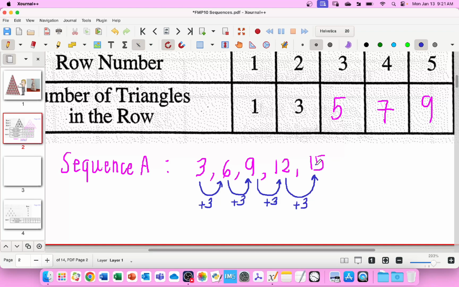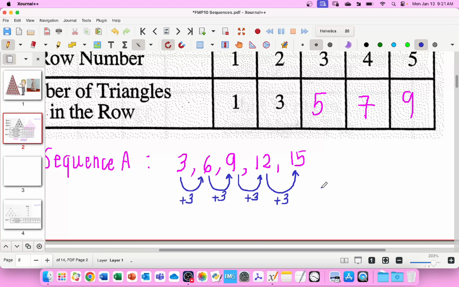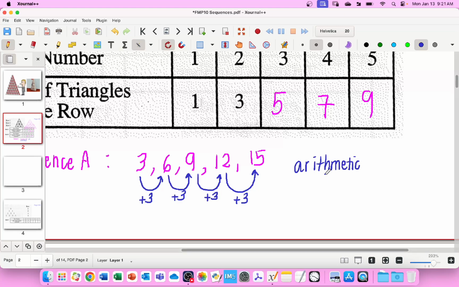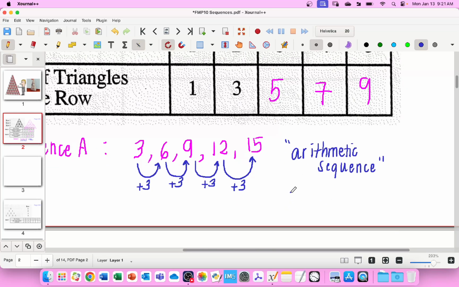And this is called an arithmetic sequence. So at the end of the day, it's pretty much a list of numbers.